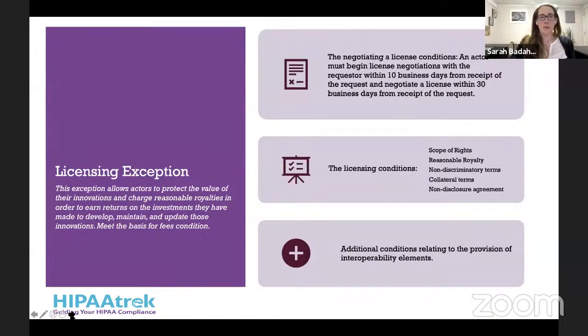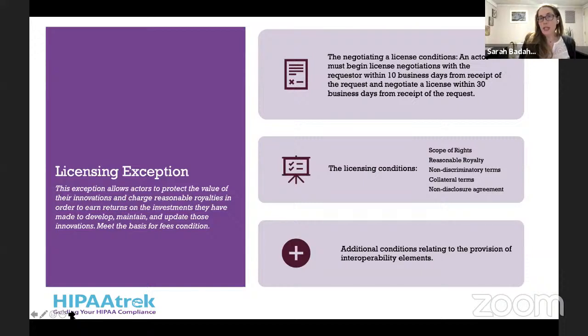And then the licensing exception, this one is going to be, I think, extremely rare for a hospital or clinic to come into, but it may happen. You're allowed to have a period of time where you're able to negotiate a license with a health IT provider, if it's necessary for you to be able to facilitate a request.